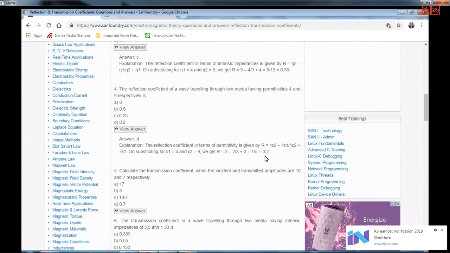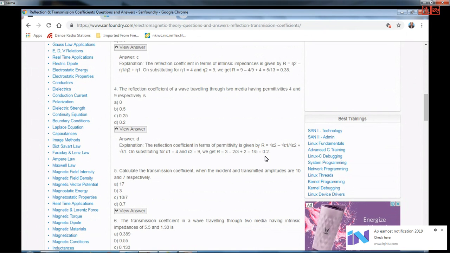Okay. So permittivities and the intrinsic impedance, how are they connected? Intrinsic impedance is equal to root mu by epsilon. So eta 2 minus eta 1 is root mu2 by epsilon 2 minus root mu1 by epsilon 1. We consider that these mu2 and mu1 values are the same.